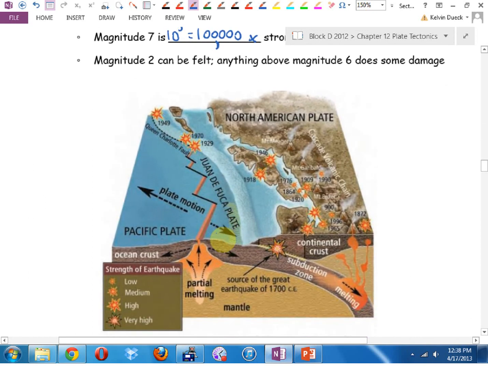Darian, partly answering your question, here's our home. We have the Juan de Fuca plate. We have the North American plate. We have the plates moving away from each other in this area. And we have partial melting. We have a subduction zone. You know what? There was a big earthquake, we think, in about 1700. We can detect that from the cracks in the rock.